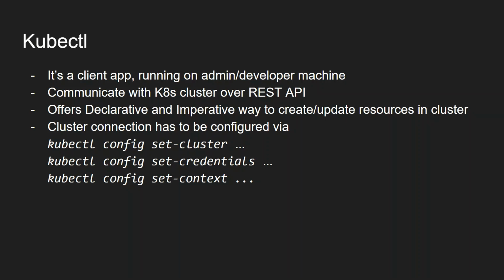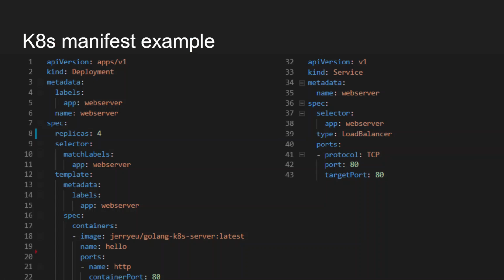Those YAML files we just submit into kubectl, which submits them to the API, and Kubernetes then creates those defined resources. So this second type, the declarative YAML files, looks like this.